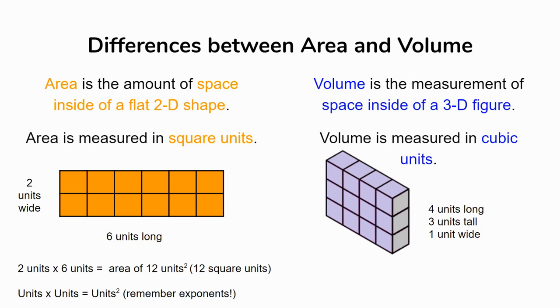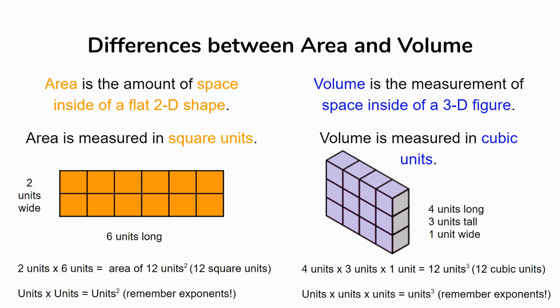Same thing, this is not a very big prism, so we could count the unit cubes to find the volume, or we could multiply those three numbers. In this case, if we do 4 units times 3 units times 1 unit, we get a volume of 12 cubic units. You could also just count the cubes and count 12.